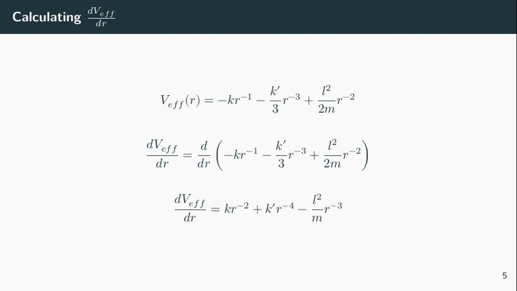Let's go ahead and calculate that first derivative. Our effective potential Veff of r is minus k times r to the power of minus 1, minus k prime over 3 times r to the power of minus 3, plus L squared over 2m times r to the power of minus 2.